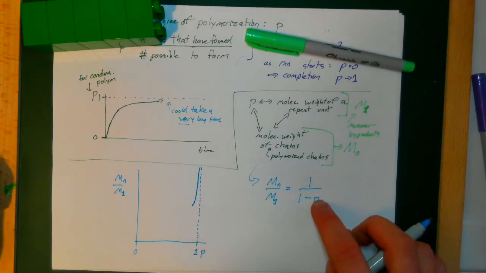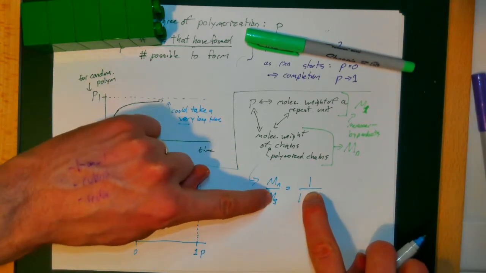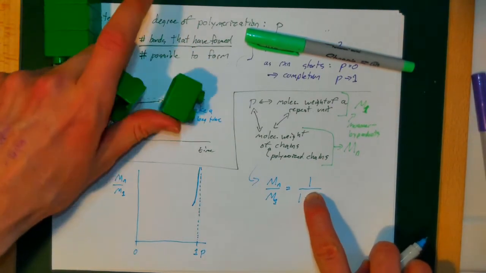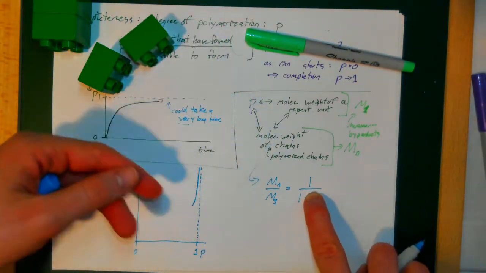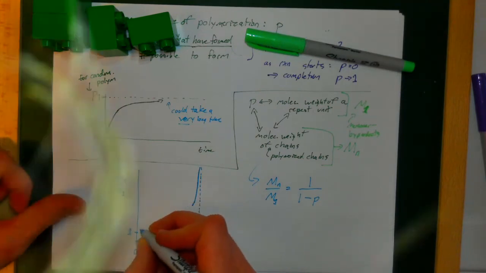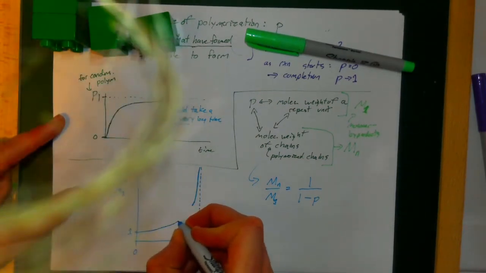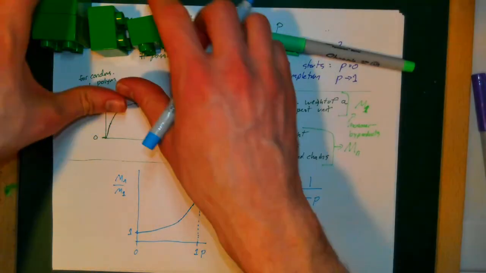As P approaches 0, we just get 1 over 1, which means the molecular weight of the things that I have is just the molecular weight of the unbonded things. And of course, that makes sense. So this starts at 1 right here, and we get a curve that looks like this. So it vertically asymptotes.